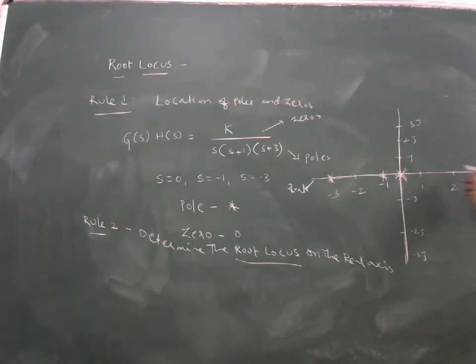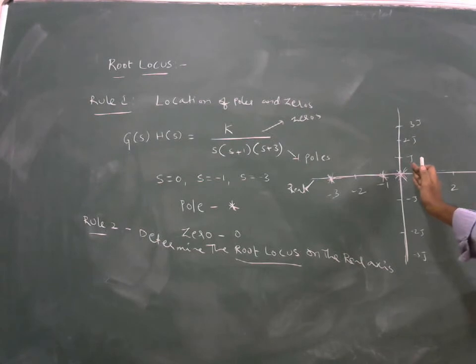Then how many poles and zeros are there? We consider the combination of poles and zeros present on the real axis only. If you are considering this pole, that means this is one pole on the real axis.